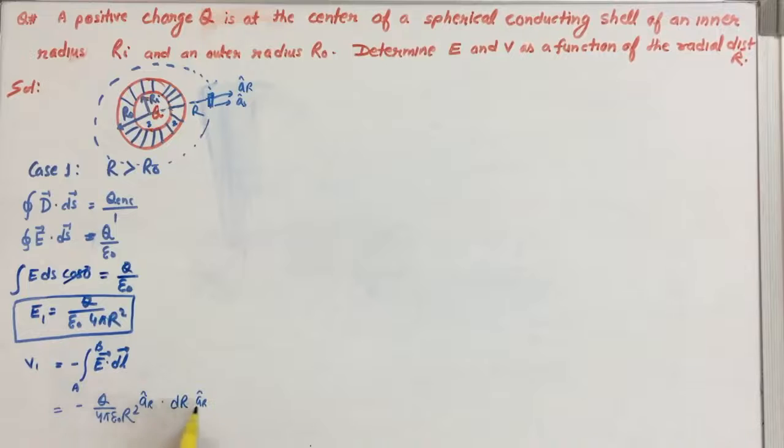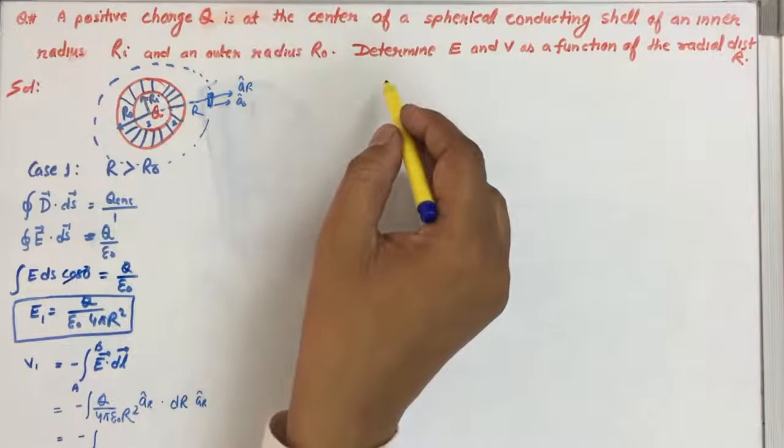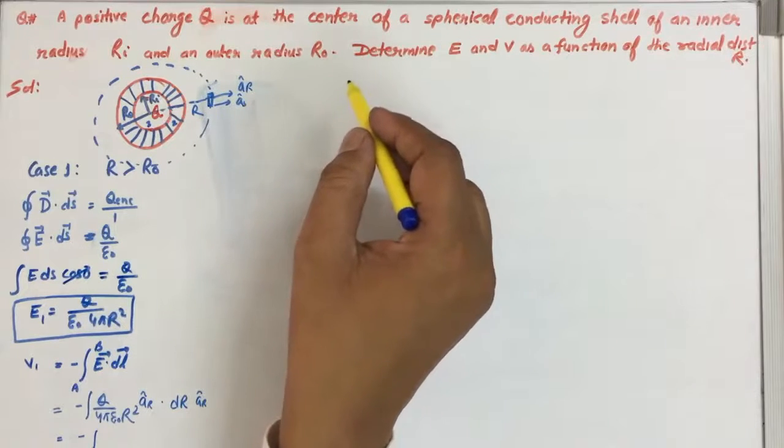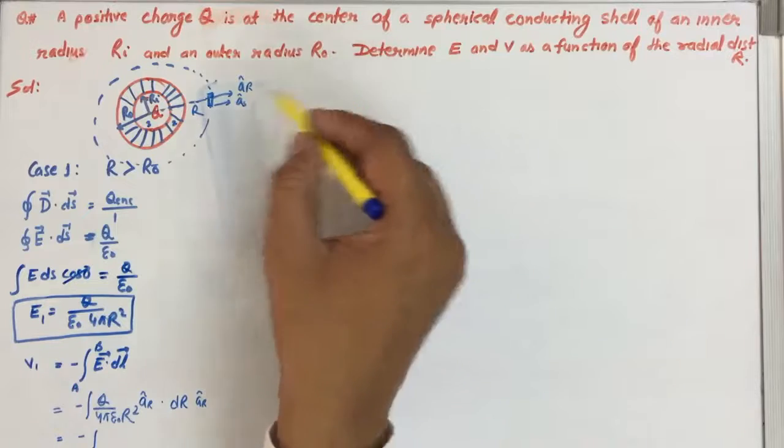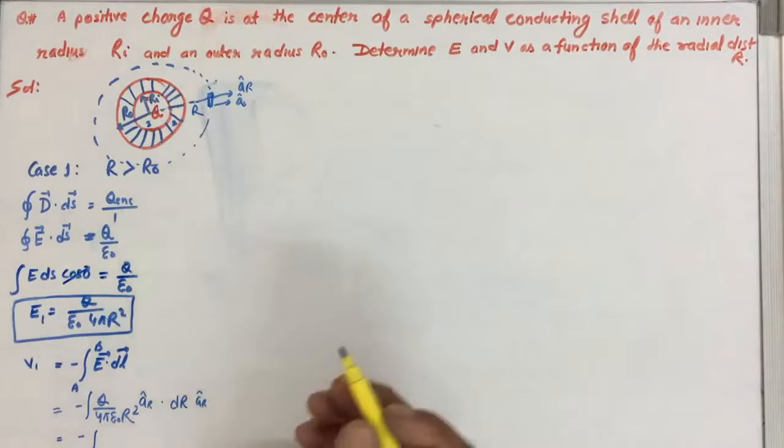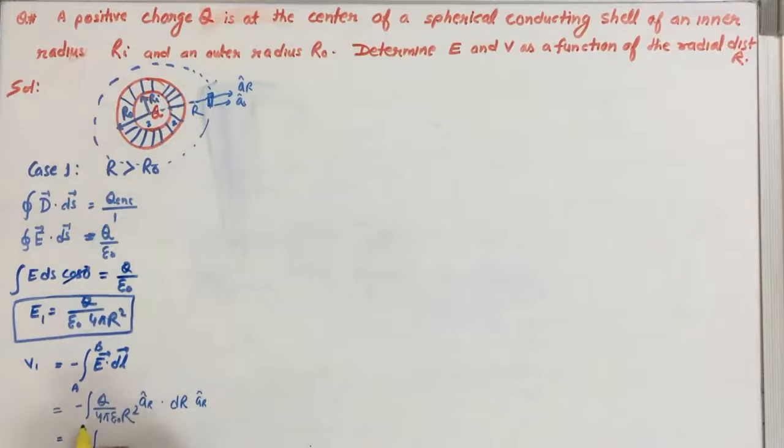So from here again you can find both are in the same direction, so the dot product of these two will give you 1. As you are bringing the test charge from infinity to this point, the infinite point is considered here, and the point of interest is at a distance r from the charge.